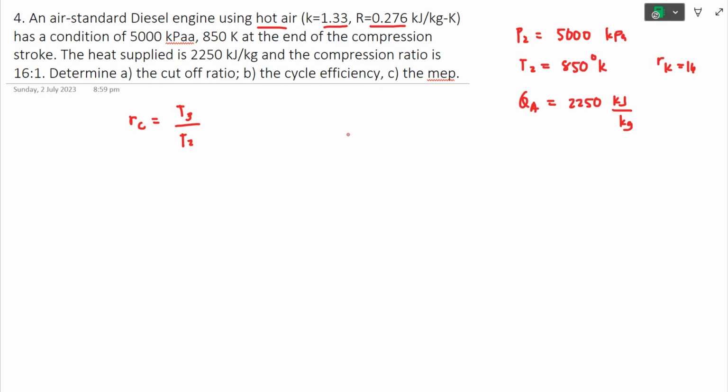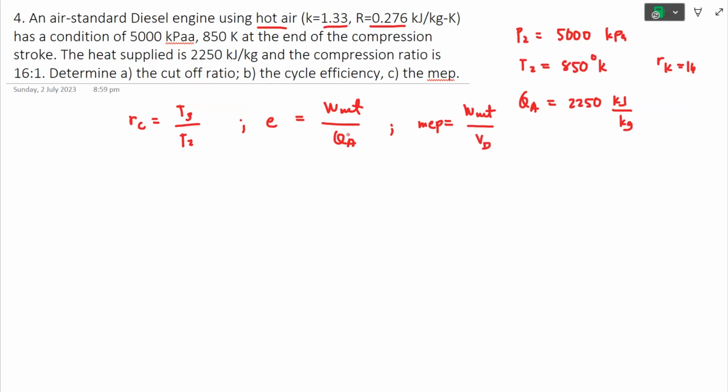Yung cycle efficiency, pwede kong makuha ito using this formula: 1 minus work net over QA, kung meron akong work net and QA. Tapos, yung MEP, mean effective pressure, this is work net divided by the volume displaced.